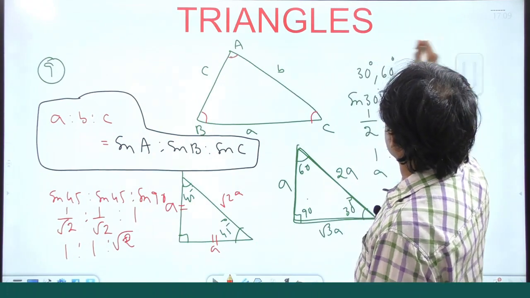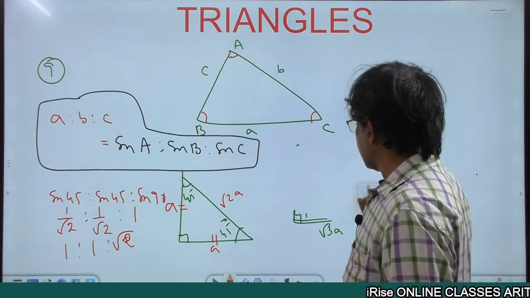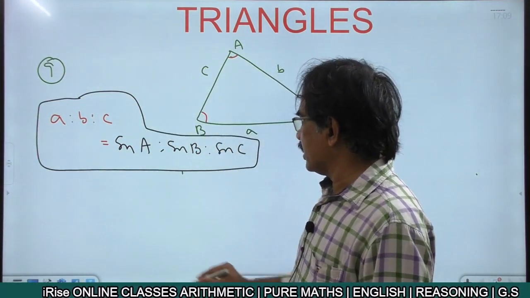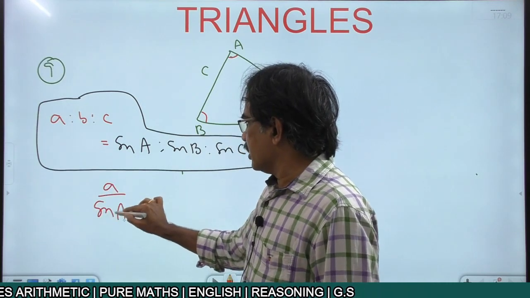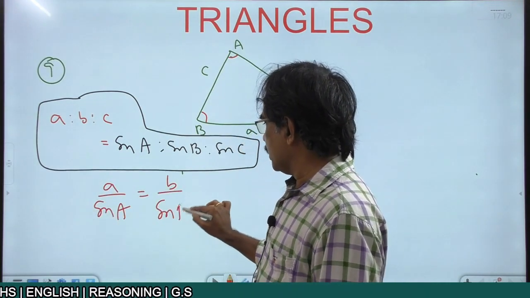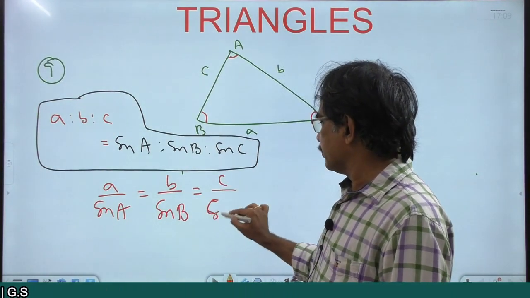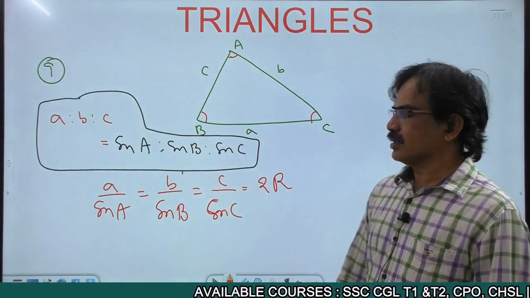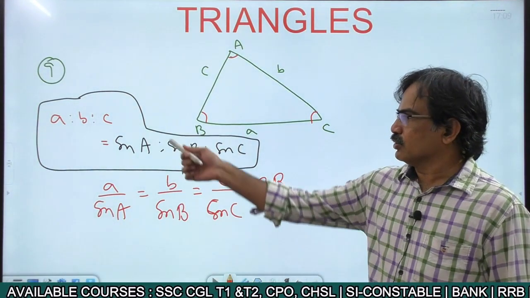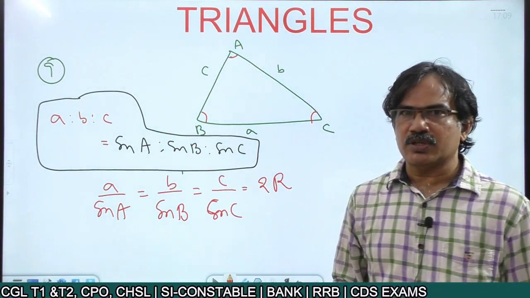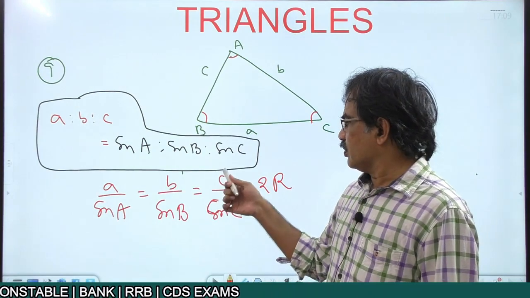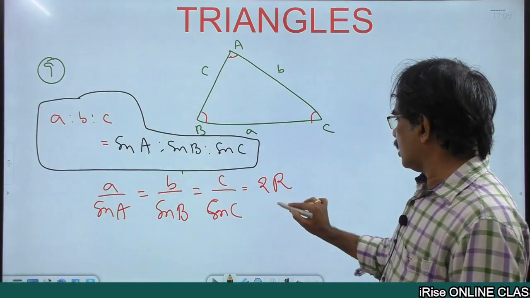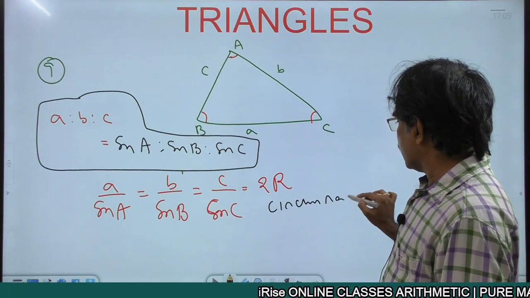And this can also be written as a by sin A is equal to b by sin B is equal to c by sin C, which is equal to 2 capital R, where R is called the circumradius.